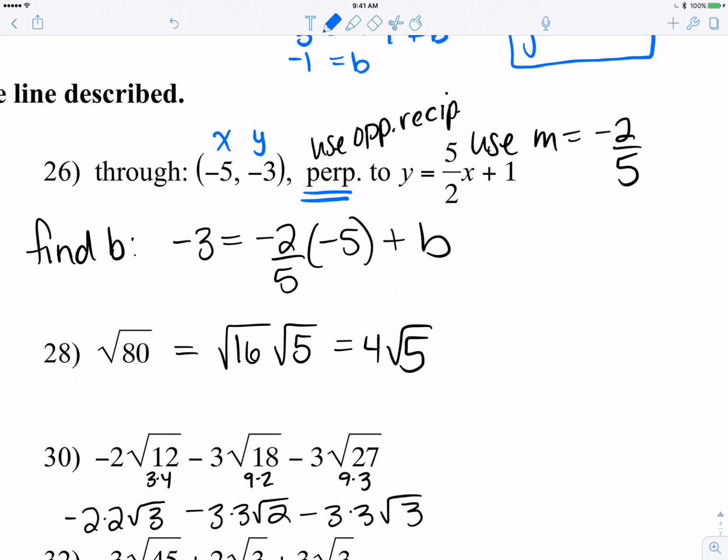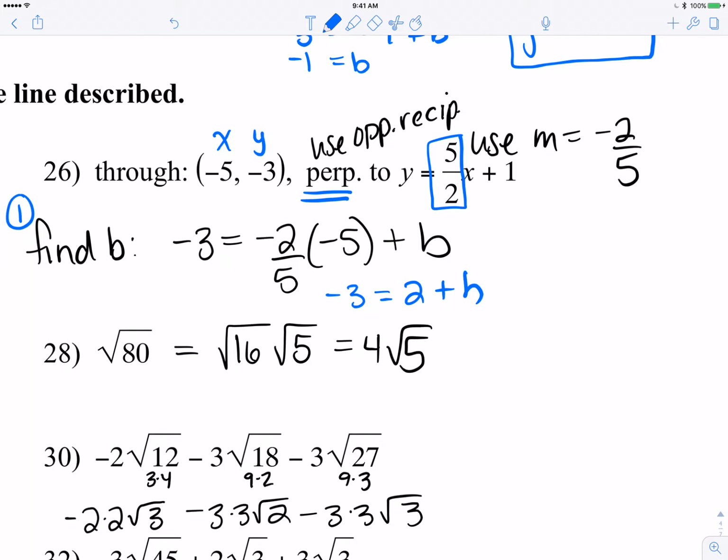So that's your m value. So once you have your m value, then you go and you find your b value. So I plug in negative 3 for y equals negative 2 over 5 for m, minus 5 for x, plus b. When I solve this equation, I get negative 3 equals negative 10 over 5, positive 10 over 5, which is 2, plus b.